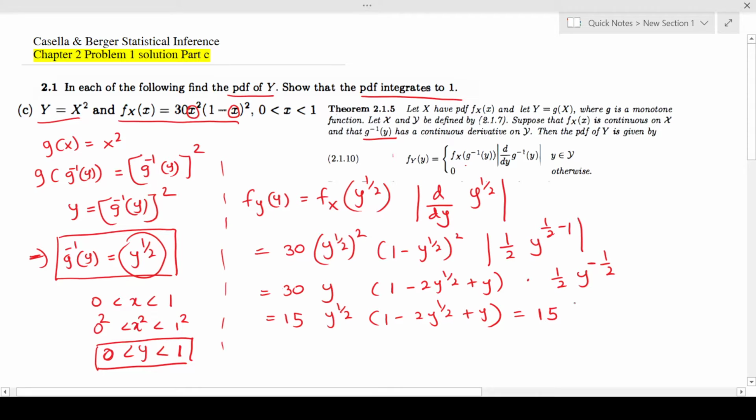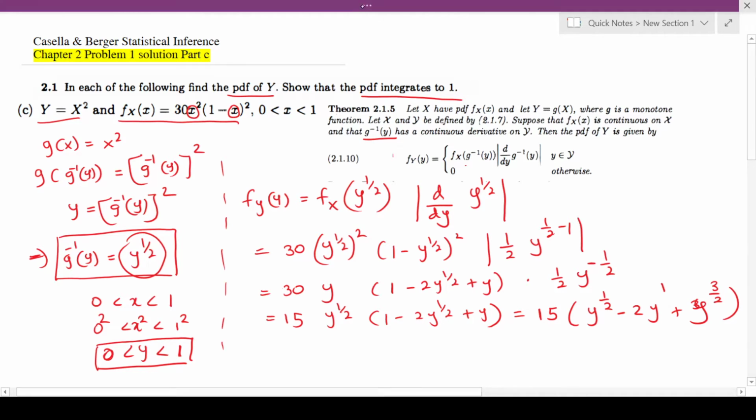So this becomes y to the power half times 1, which is y to the power half; negative 2 times y to the power half times half, where both powers get added up, so it becomes y to the power 1; then y times y to the power half, 1 plus half, becomes y to the power 3 over 2.